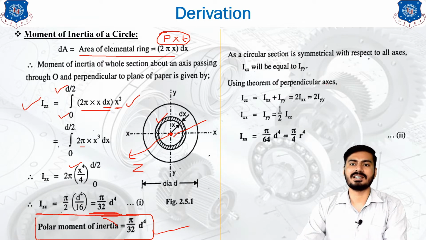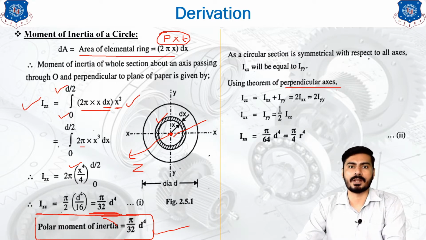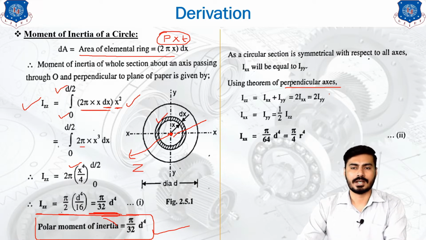Using the perpendicular axis theorem, which we have learned in the previous lectures, you should remember that theorem: Izz equals Ixx plus Iyy.